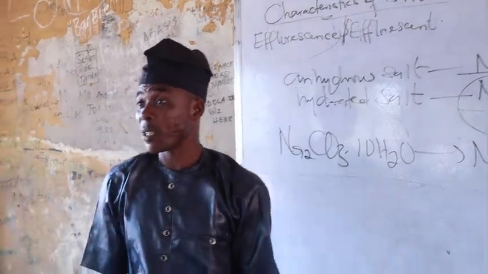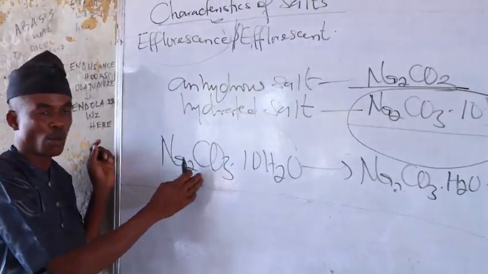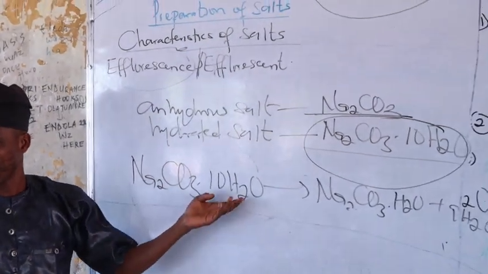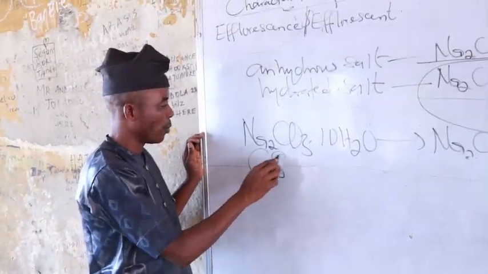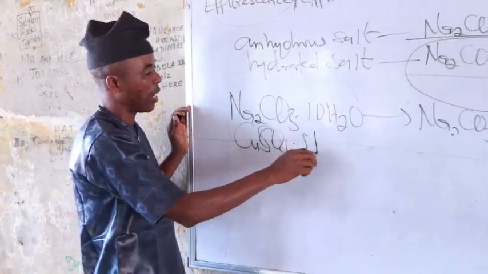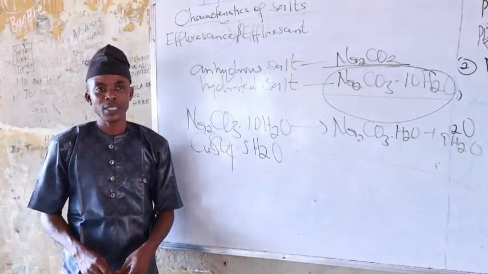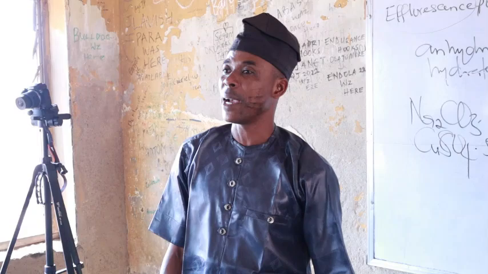So if I ask you to give an example of an efflorescent, give the example of sodium trioxocarbonate(IV) decahydrate. I also have the example of CuSO4.5H2O, that is copper(II) tetraoxosulfate(VI) pentahydrate.